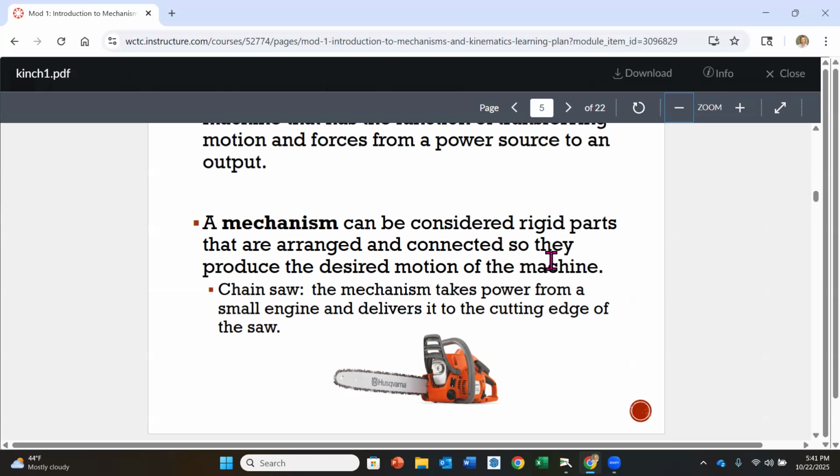And so there's an in-between there. There's going to be a mechanism in between to go from that engine to the chain, okay? And that mechanism is going to be arranged with some rigid parts, and they're going to be connected, and that can be done in a variety of different ways. So we'll be looking at different elements, not only for a chainsaw, but for other common machines that we come across, okay?